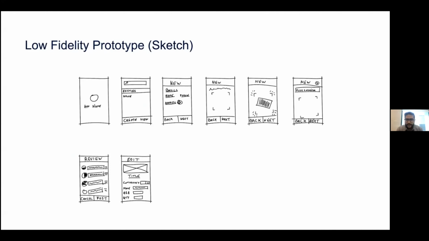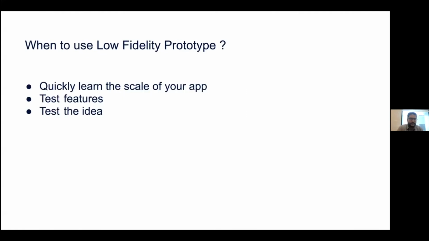And it is very important to do this kind of low fidelity prototype at the beginning of your journey in a startup, because in some cases you will have an idea that is not implementable or is missing some parts. So you will have a better idea of how you will implement your mobile app. The next one is going to quickly test the features, as I said, and test the idea.